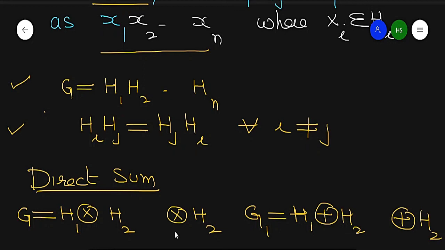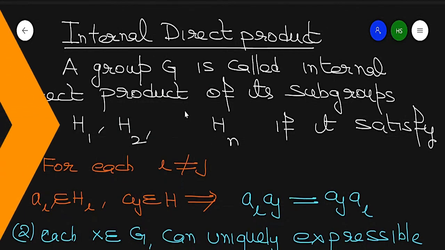So what does it mean? It has two properties. One: an element of G can be written as a product of elements of H1, H2, and Hn. Number 2: any two distinct subgroups commute with each other. Next.